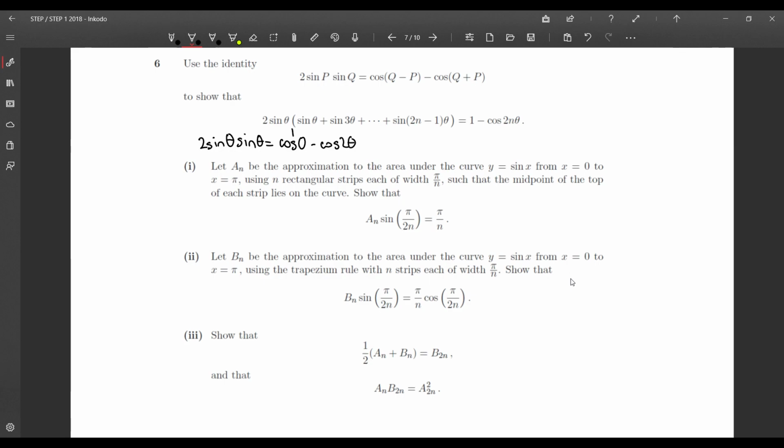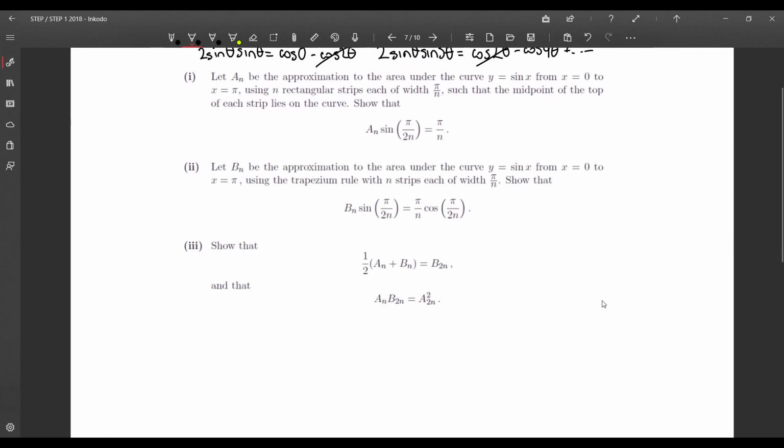And that's where this 1 comes from. Next, 2 sine theta sine 3 theta is going to equal cosine 2 theta minus cosine 4 theta. Then the cosine 2 thetas cancel, and so on. So this is just a telescoping sum.